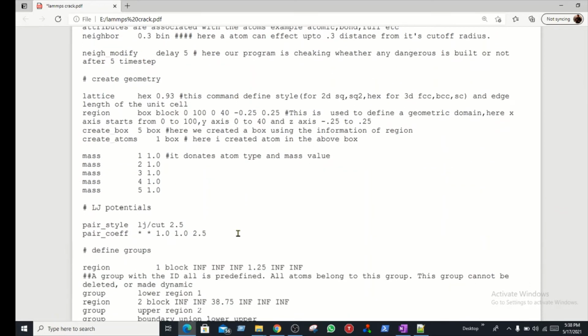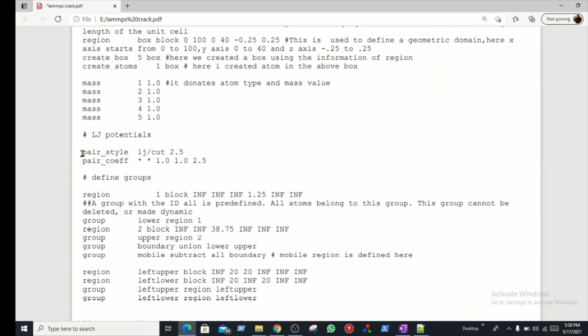Okay, then comes our potential. We are using the LJ potential. LJ means Lennard-Jones potential, and we will use the command pair style. Then we write what kind of potential we're using.